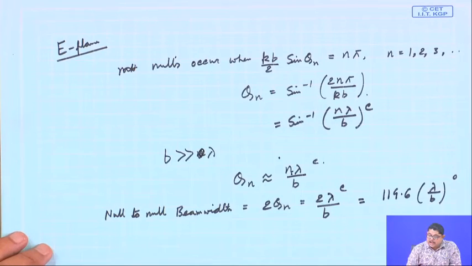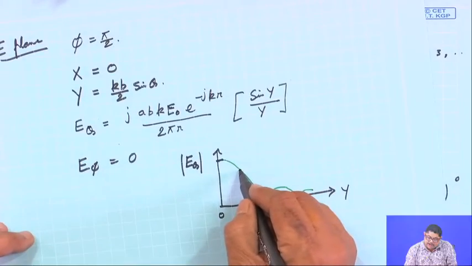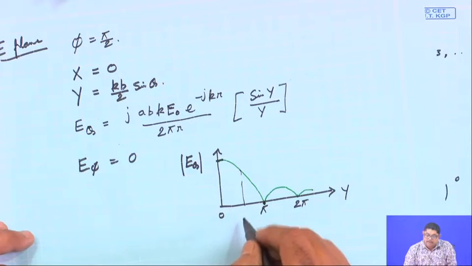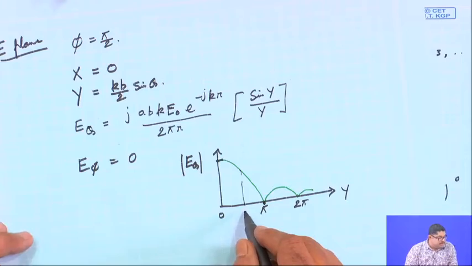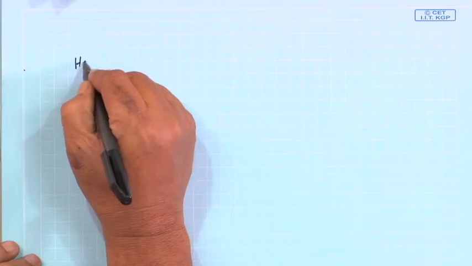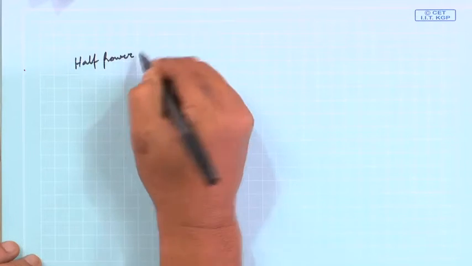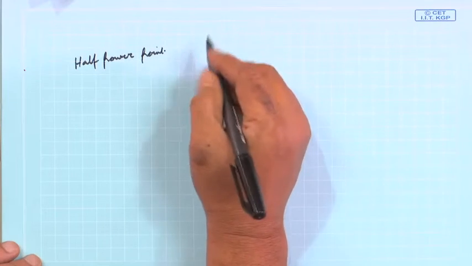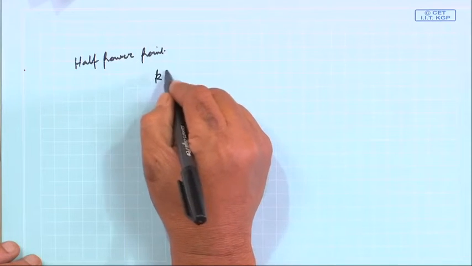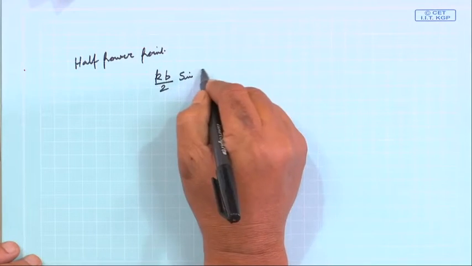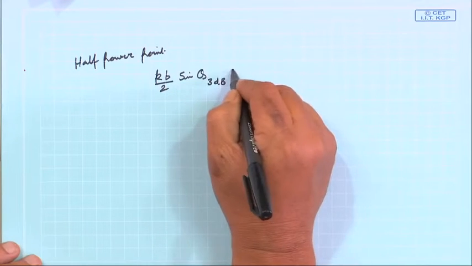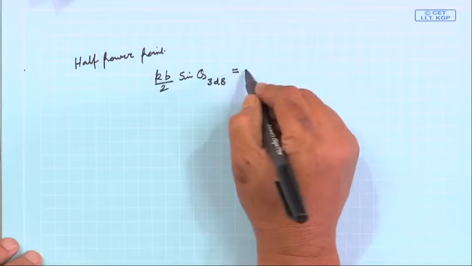Similarly, you can find the half power beam width. First, we will have to find where the half power is occurring. Obviously half power is occurring somewhere here. Let me call the corresponding theta, theta 3 dB. The half power point occurs when kb by 2 sin theta 3 dB is, does anyone know this value?